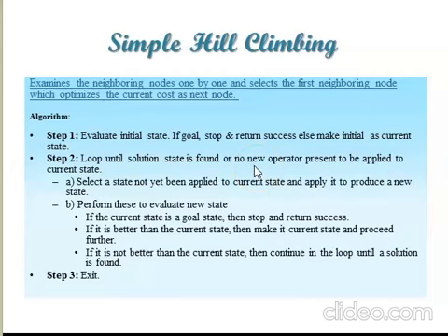Then we have to check whether it is a goal as per our test in the generate and test algorithm. If it is the goal state, we will be stopping the procedure there and return success. Otherwise, we have to repeat some more steps.